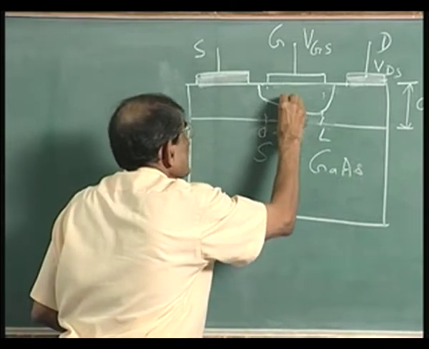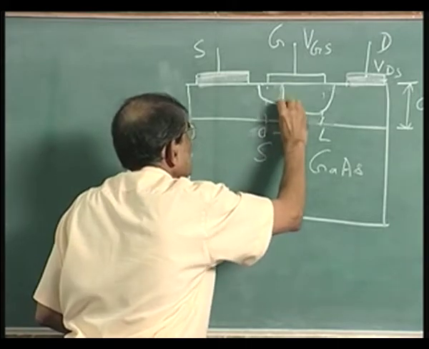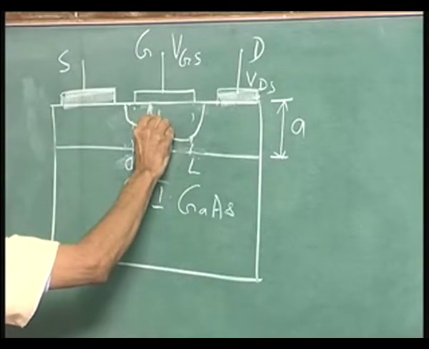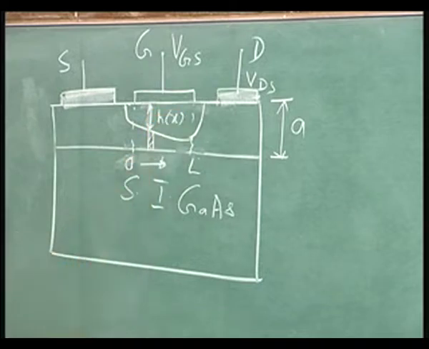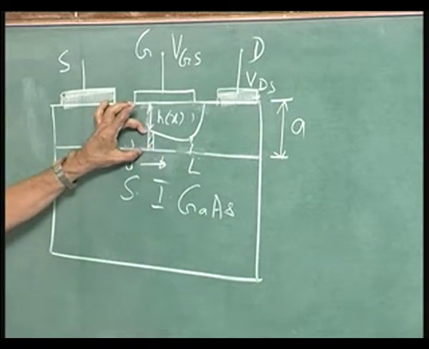So, this is d of x, and what is this quantity at this point x? That I call h of x. I am keeping this diagram because I do not have to go back to this slide again and again. That is h of x, and this quantity is nothing but A minus h.